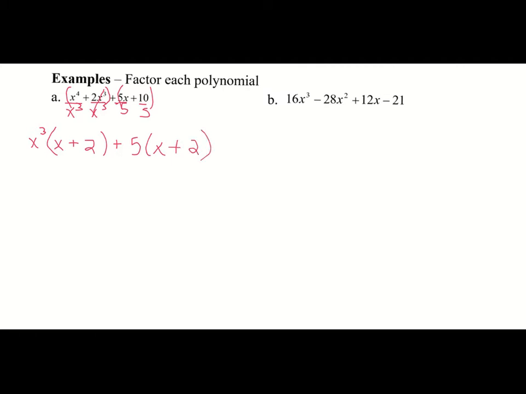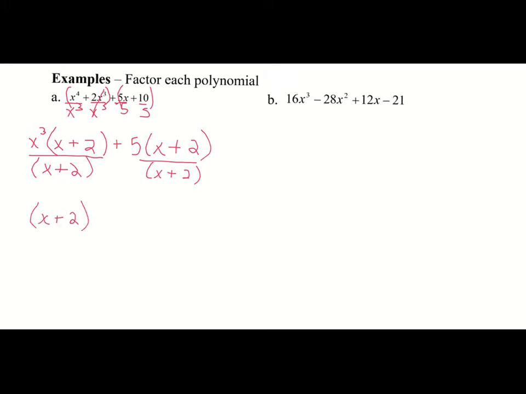So now I have 2 terms here: x cubed times the quantity of x plus 2, plus 5 times the quantity of x plus 2. I have another greatest common factor. This time my greatest common factor is the expression x plus 2. So I'm going to pull that out, and again, you don't throw away your GCF.